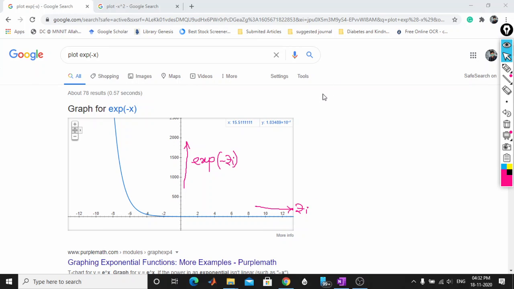Okay, so write this down. The function e to the power minus x is a monotonically decreasing function.